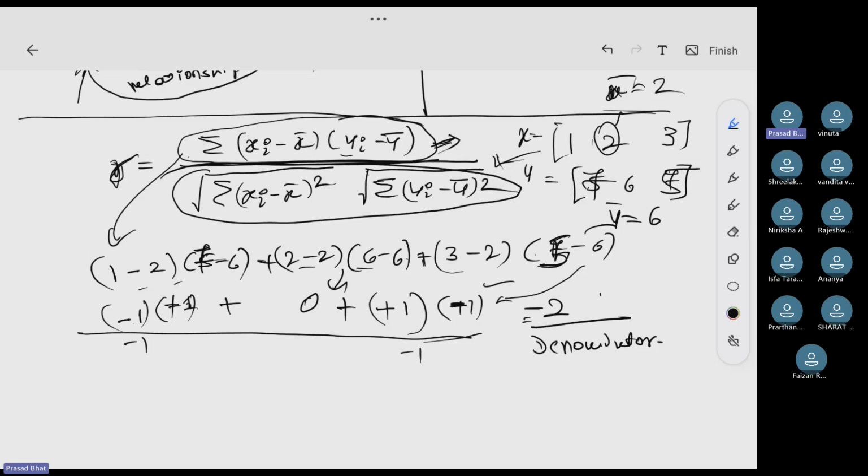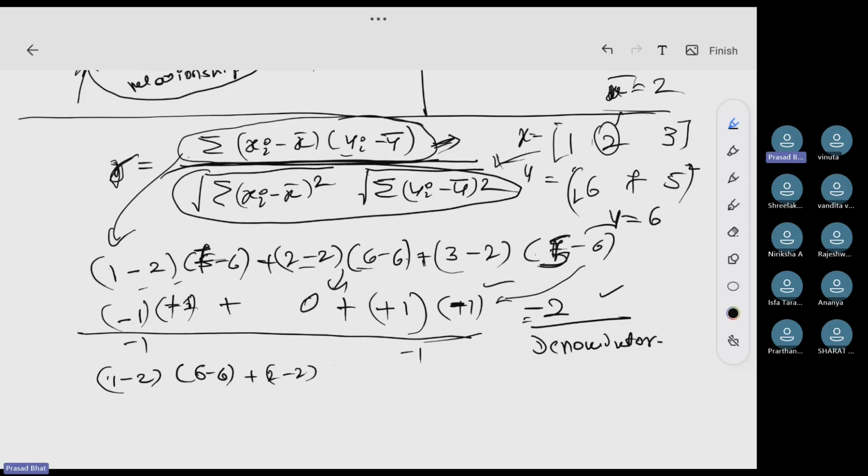Now let's assume, for example, I have something like this: 6 and then 7. What happens now? 1 minus 2 is as it is, and 6 minus 6, and then 2 minus 2 is as it is, and 7 minus 6, plus 3 minus 2 multiplied with 5 minus 6.